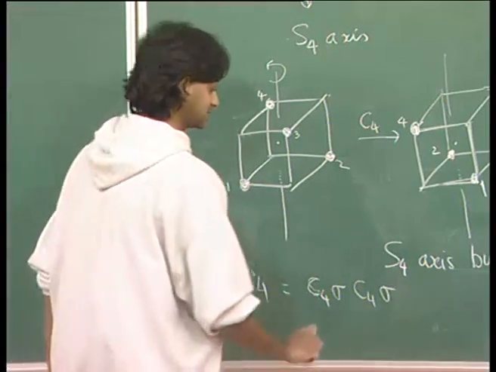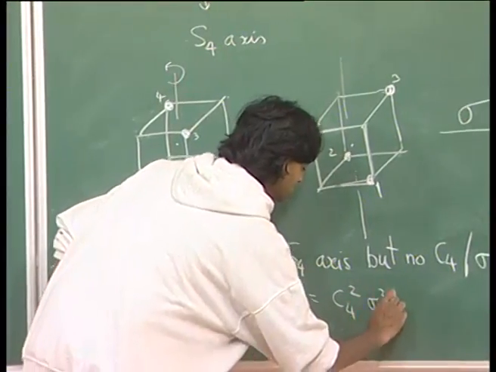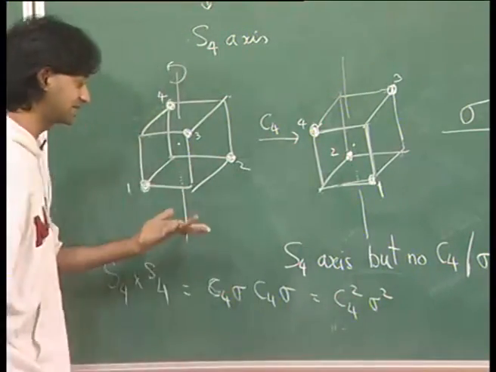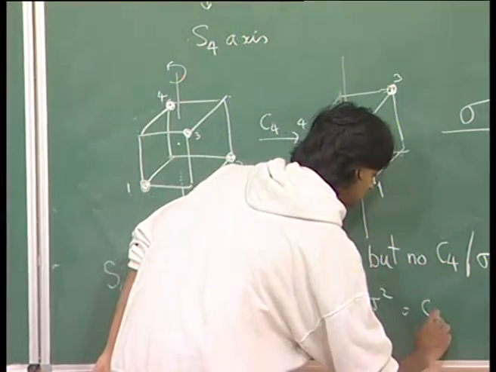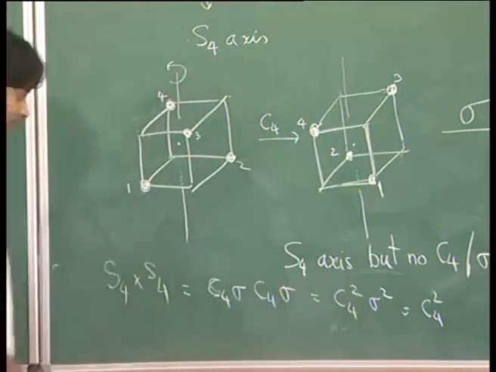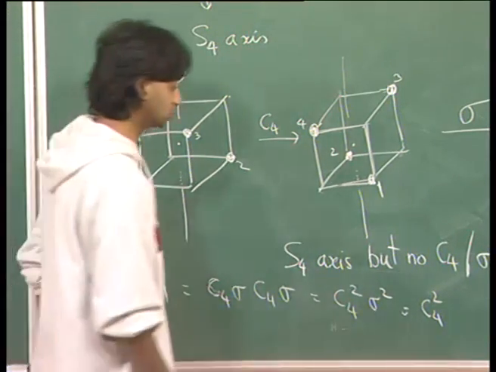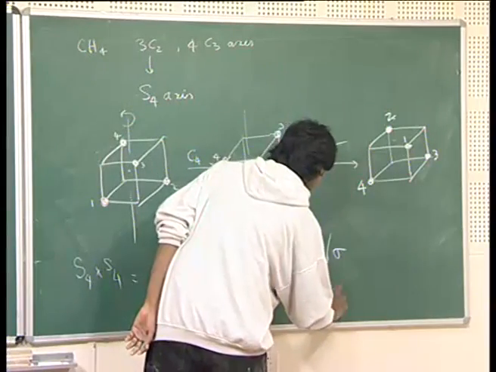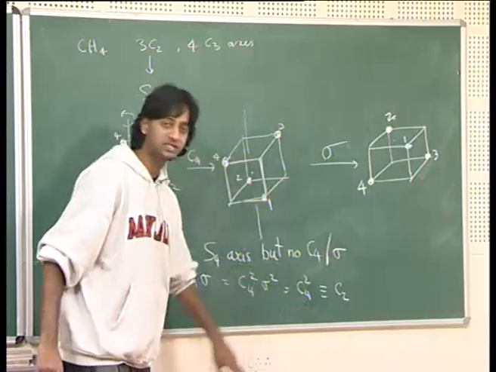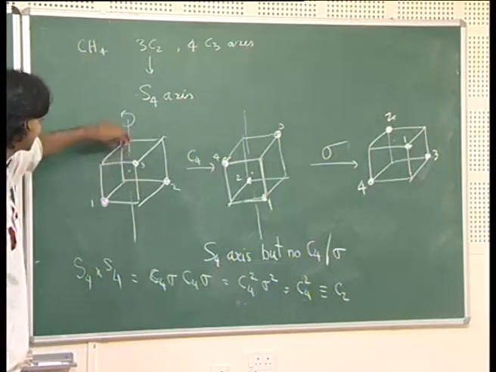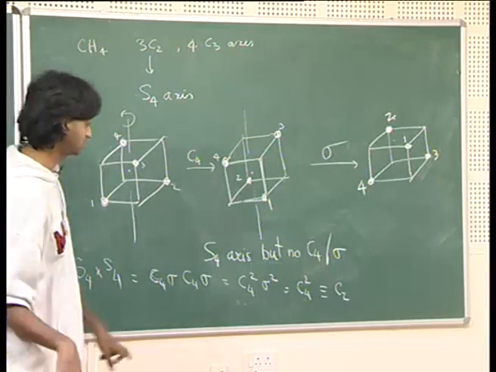So, I can write it as C4 square sigma square. Sigma being a reflection, sigma square is the identity operation. So, this is just C4 square, and C4 square is actually C2. Rotating by 90 degrees twice is the same as rotating by 180 degrees once. So, C4 square is C2.